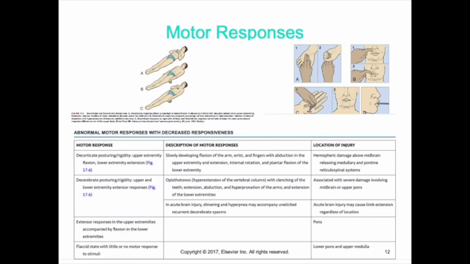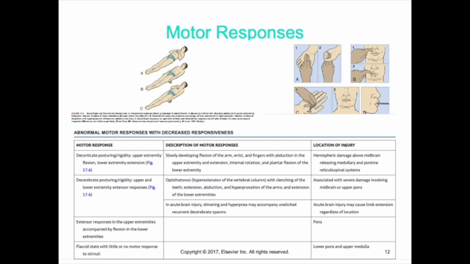It includes primitive reflexes and rigidity. Sometimes rigidity is called paratonia. Primitive reflexes, remembering from health assessment, these are things like grasping, reflex sucking. These are all normal in a newborn, but they're supposed to disappear in that first year of life.